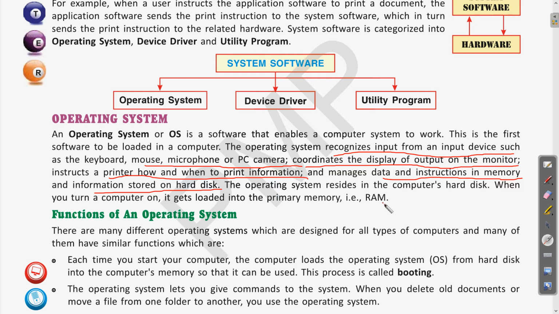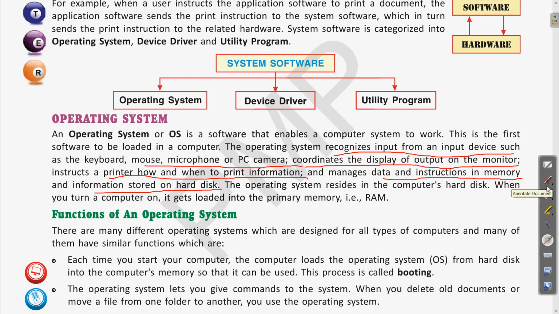So whenever you switch on the computer, the operating system, Windows or any other, will be loaded in the primary memory, that is the RAM. Clear? This way the operating system will be initialized when you switch on the computer, and it will be invoked and manage all the things you are doing with the computer. I hope this is clear.